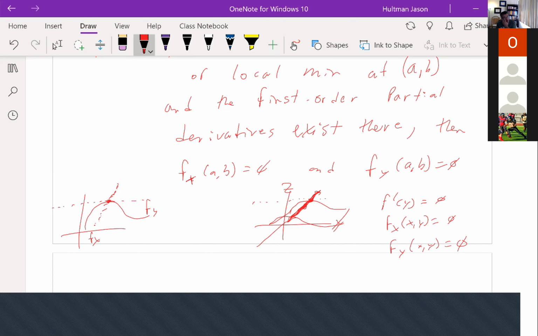It's a horizontal tangent in the x direction and the y direction, basically what we're saying. Where's the horizontal tangent in the x direction, and where's the horizontal tangent in the y direction? And where those two are the same, that's our maximum or minimum.